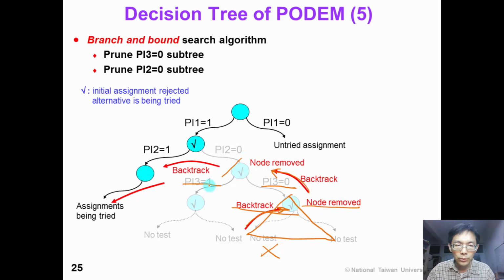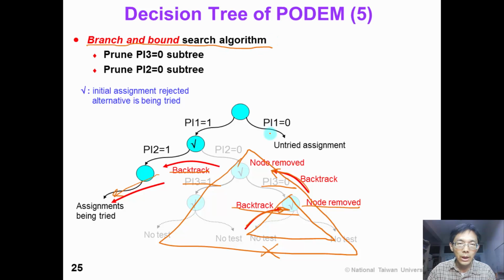So we remove this PI2 equal to 0 subtree completely, and then we backtrack to another combination. As you can see from this figure, we prune the subtree along the way. So we call this a branch and bound search algorithm.